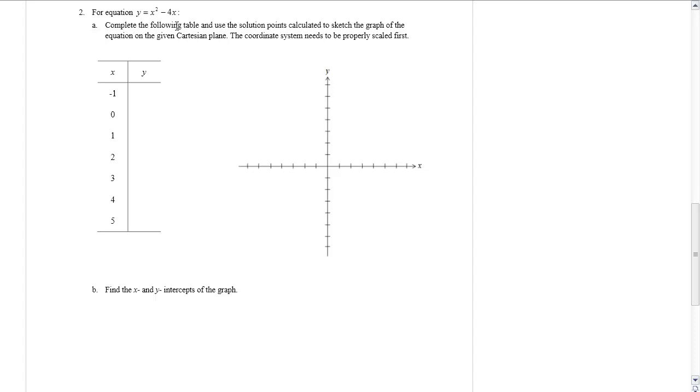So when x equals -1, y equals x squared minus 4x, which equals (-1) squared minus 4 times -1, which equals 1 plus 4, and that is 5. Okay, so when x equals -1, y equals +5.